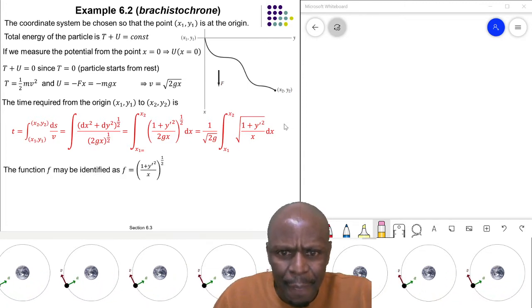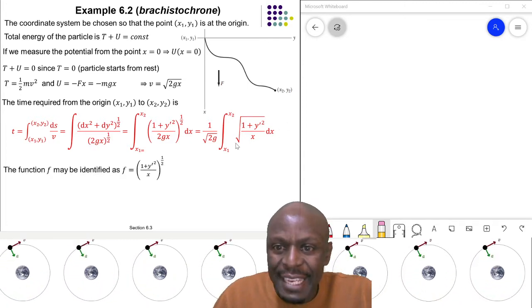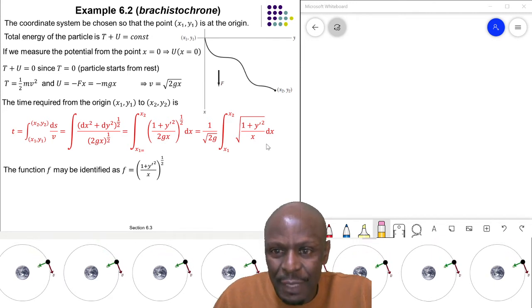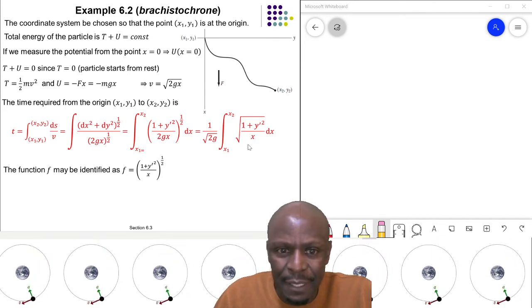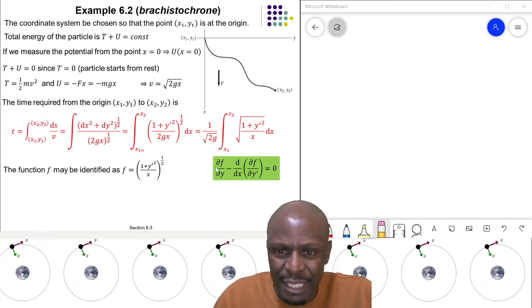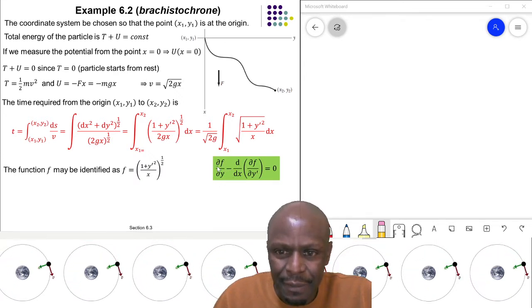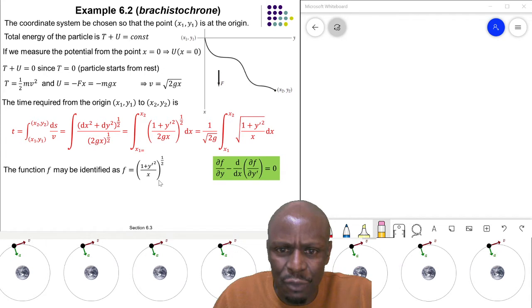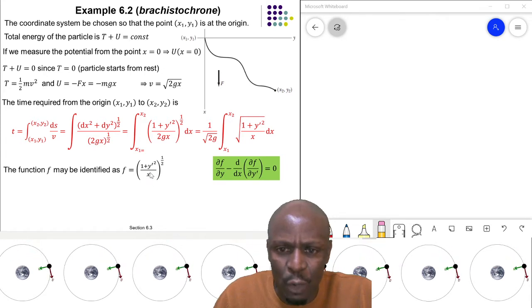All right. Now we are identifying the function f to be this term here. Now if you consider Euler's equation, you can see that df with respect to y is just going to be 0, because f doesn't depend on y, but it depends on y prime.